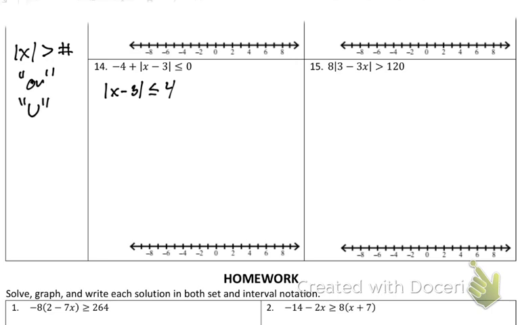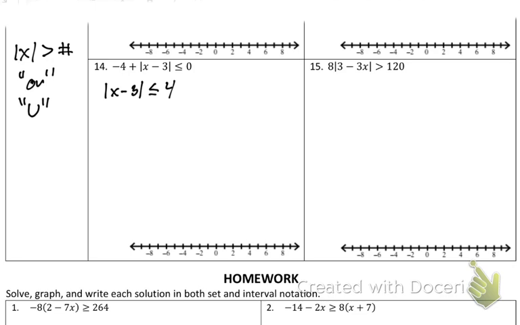Well, something different is going to happen when we have a less than symbol. And let's see what happens there. So realistically, you can kind of see where we're going. We either have "or" statements or we have "and" statements. "Or" statements where we go in opposite directions, and "and" statements where we kind of meet in the middle. So these are going to become "and" statements. But if we forget that, we can check it along the way. So we're still going to follow the same things.